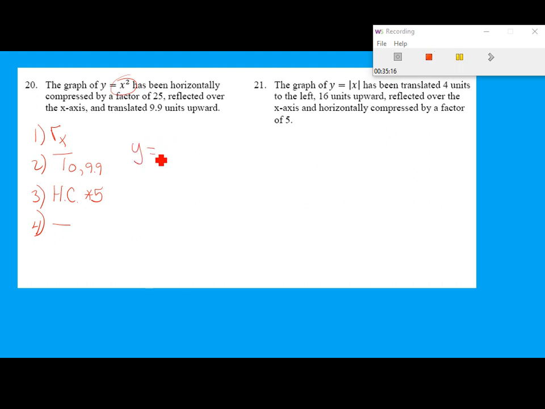Y equal, there's a negative out there to reflect it over the x, 5x squared plus 9.9. Or you could write it like this. So there'd be a couple of ways to write that one.